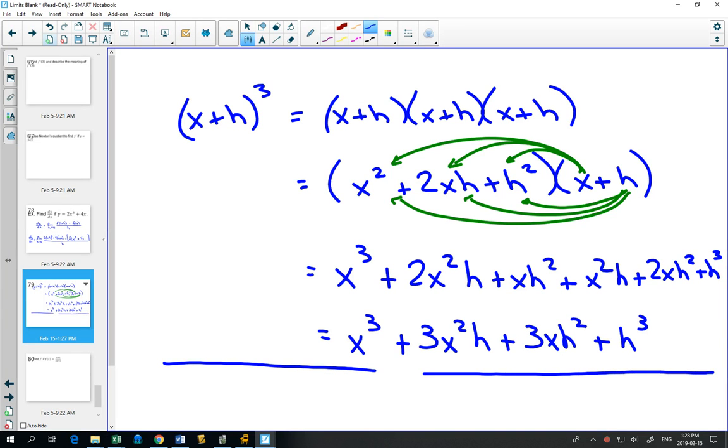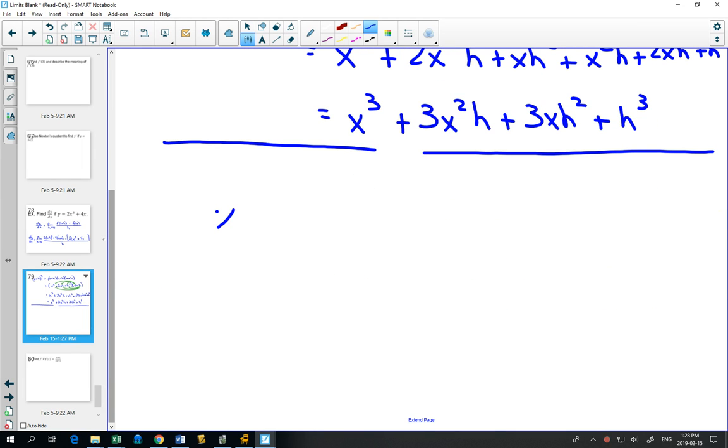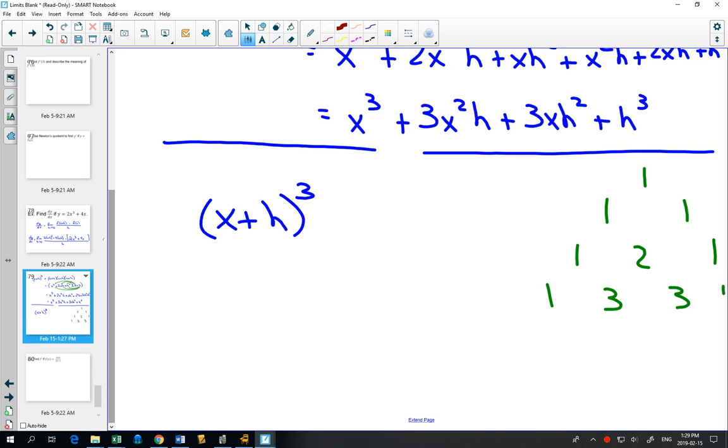For those of you that have studied Pascal's triangle and the binomial theorem, there's Pascal's triangle, the first 4 rows. The fact that we have an exponent of 3 means that in the expansion we're going to get 4 terms, just like we saw there.